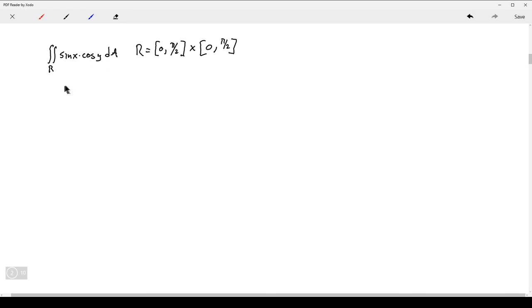So if I look at my whole function as the product of a function of x and a function of y, I can split this up into two integrals: the integral of sine x dx times the antiderivative from 0 to pi over 2 of cosine y dy. Then I just evaluate those two integrals and multiply them together.